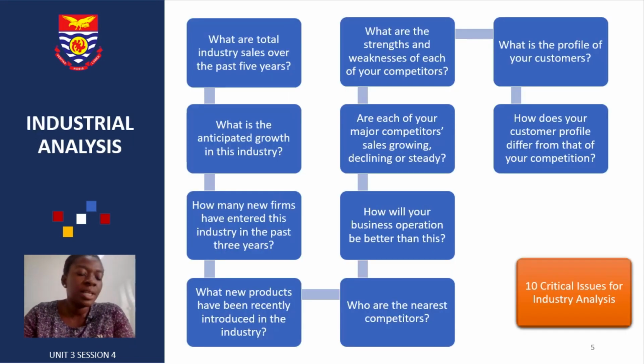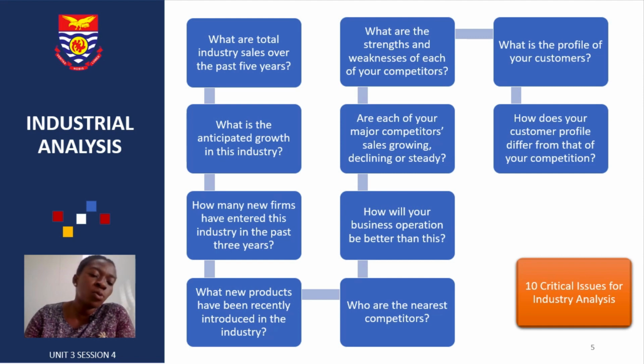Once you've been able to do your executive summary, the next thing that follows is your industry analysis. This is also another key part of your business plan. Like I made mention earlier, your industry is looking at firms which are doing virtually the same thing or related activities. So if you are into sewing, you're going to be in the clothing industry, or the bigger industry will be the fashion industry.